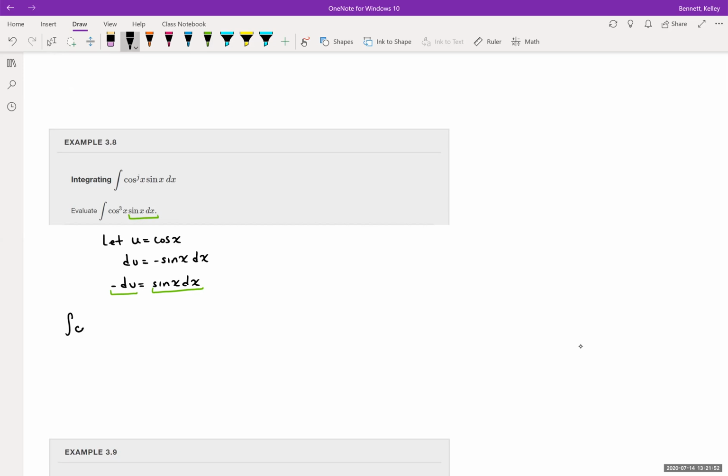The integral of cosine cubed x sine x dx through u substitution becomes the integral of negative u cubed du, which is just negative 1/4 u to the fourth plus c. And then we backfill our u: negative 1/4 cosine to the fourth x plus c.